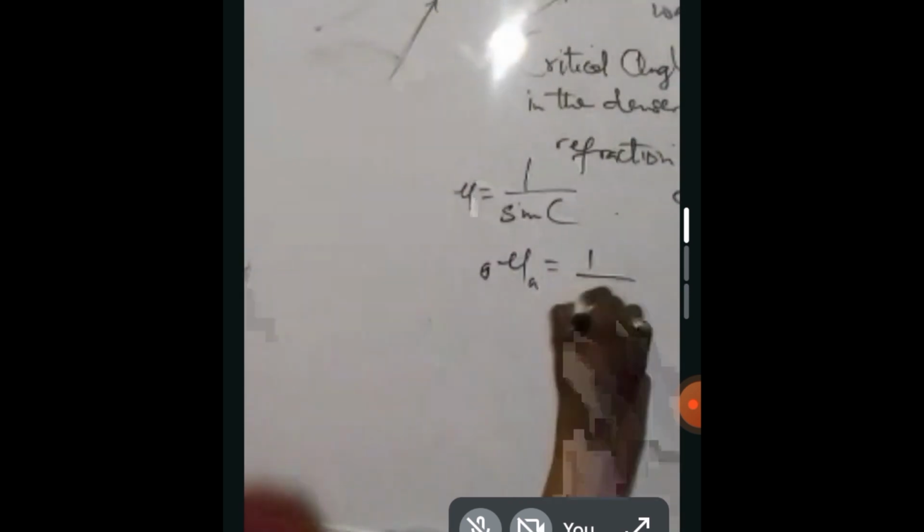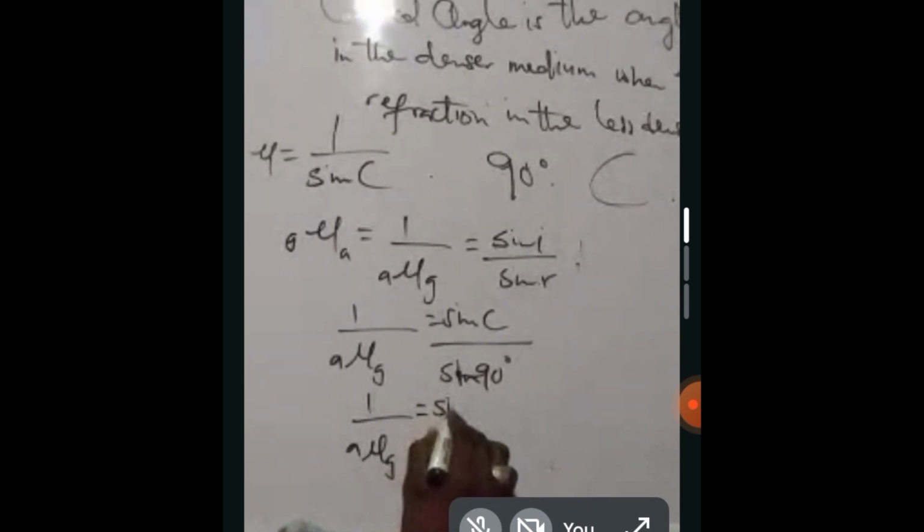The formula is mu equals 1 over sine C. This is from glass to air, which equals 1 over the value from air to glass, and from air to glass it is sine I over sine R. So 1 over A mu G equals sine C over sine 90 degrees.